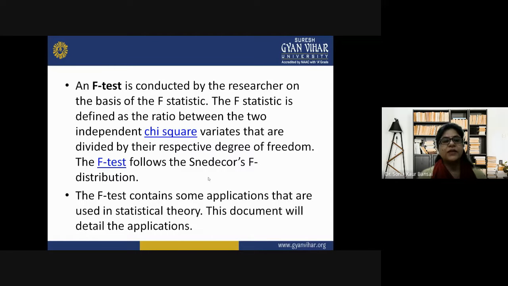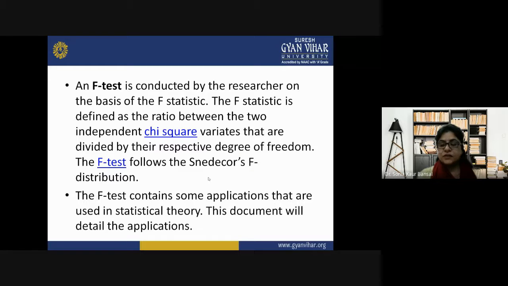So just understand it in one more way. An F-test is conducted by the researcher on the basis of the F statistic. The F statistic is defined as the ratio between two independent chi-square variates that are divided by their respective degrees of freedom. The F-test follows Snedecor's F distribution.